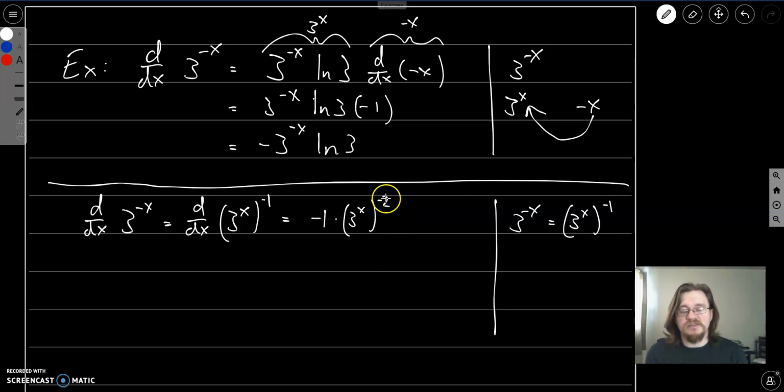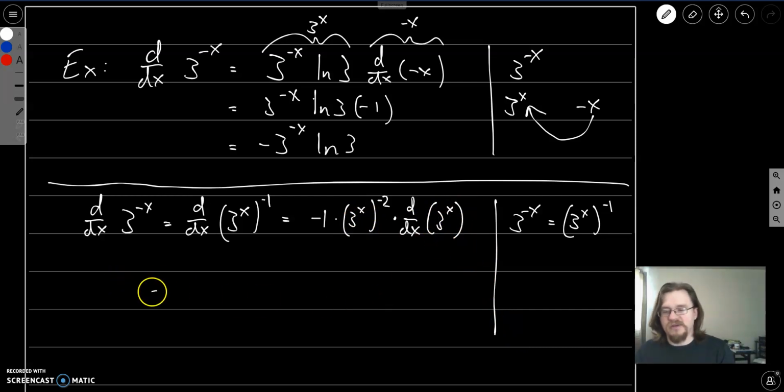Again, I raise it to 1 fewer power, so instead of the negative 1, I raise it to the negative 2 power. And then I take it times the derivative of the inside, the derivative of 3 to the x.